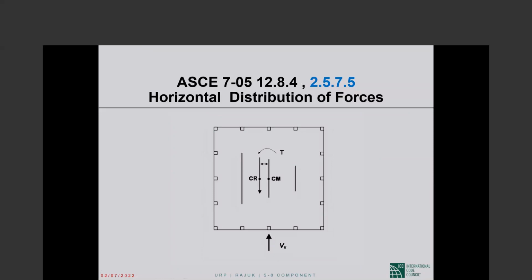Now, there is the complication of torsion. The story shear that we have been talking about acts through the center of mass. In this picture, although the 3 shear walls are of unequal length, I have indicated that the center of mass is pretty much located at the centroid because the masses of a building are mostly at the floor levels and the roof level.